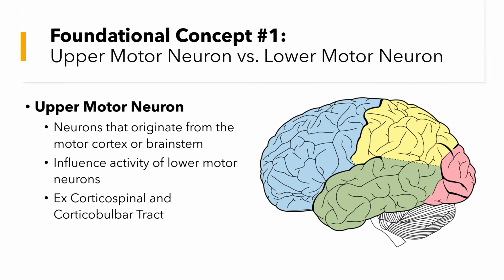Most of this activity is inhibitory, as we're going to see soon, but examples of these are the corticospinal and the corticobulbar tracts. The corticospinal tract is for movement in your lower limbs and extremities, and your corticobulbar tract is for movements and sensory tracts in your face.